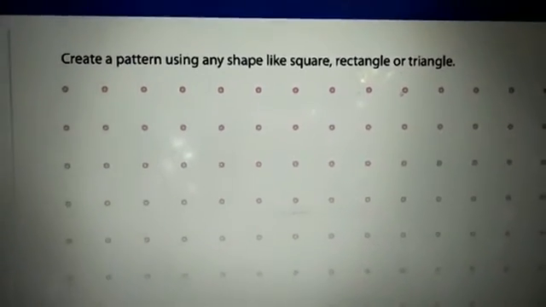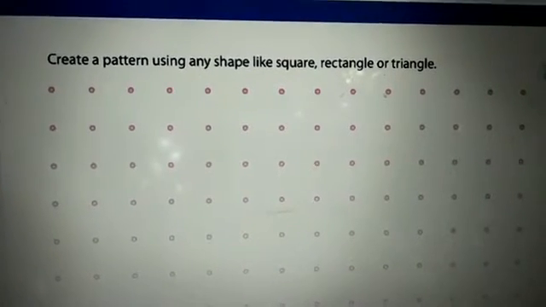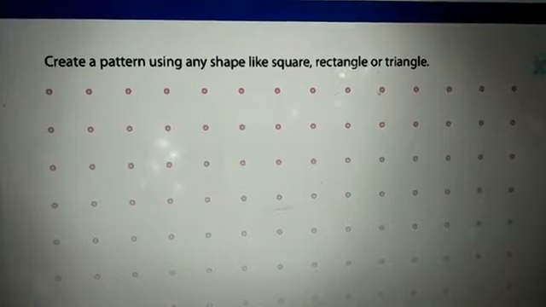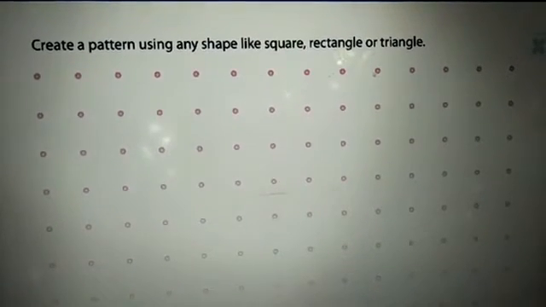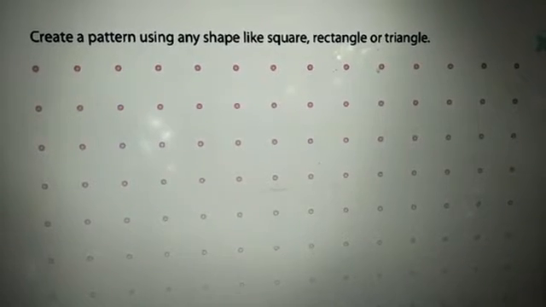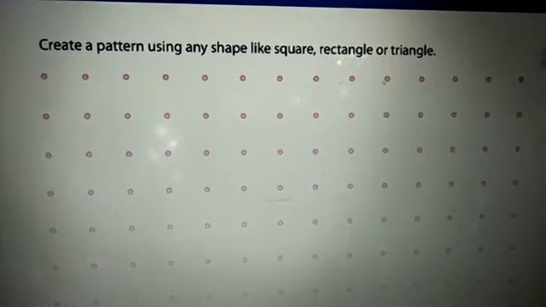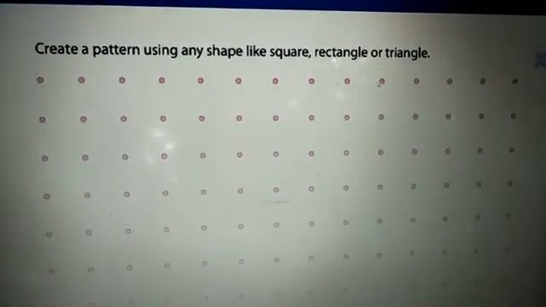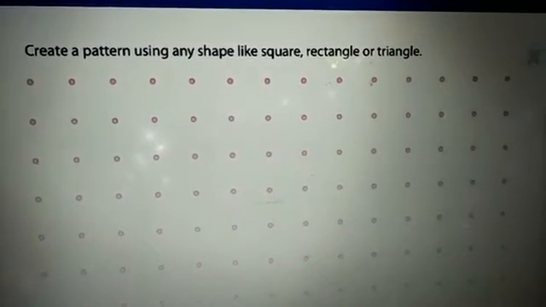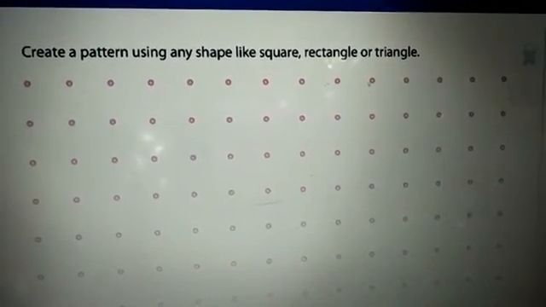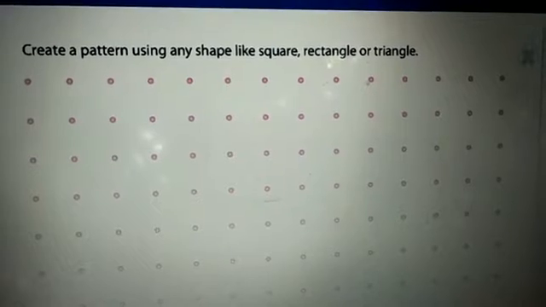The next exercise, create a pattern using any shape like square, rectangle or triangle. So I will show one example for you. That's your wish. You can use any figure, square, rectangle or triangle, but that should be in a pattern.